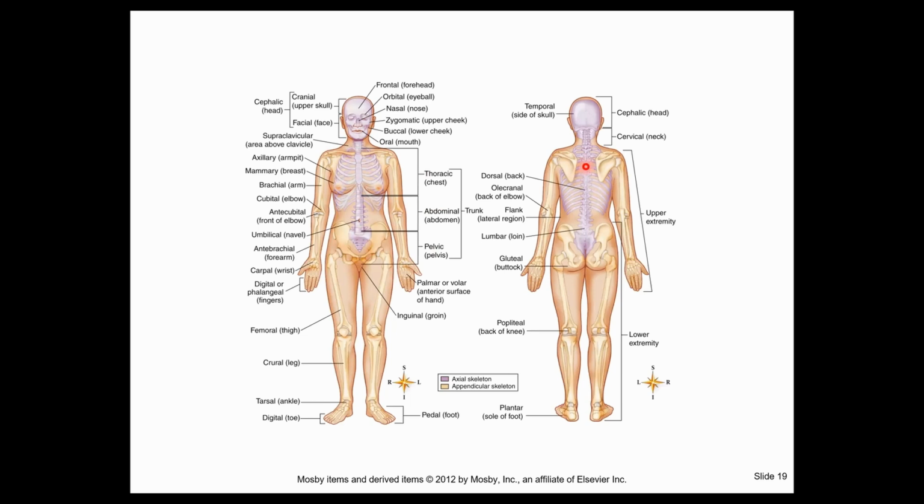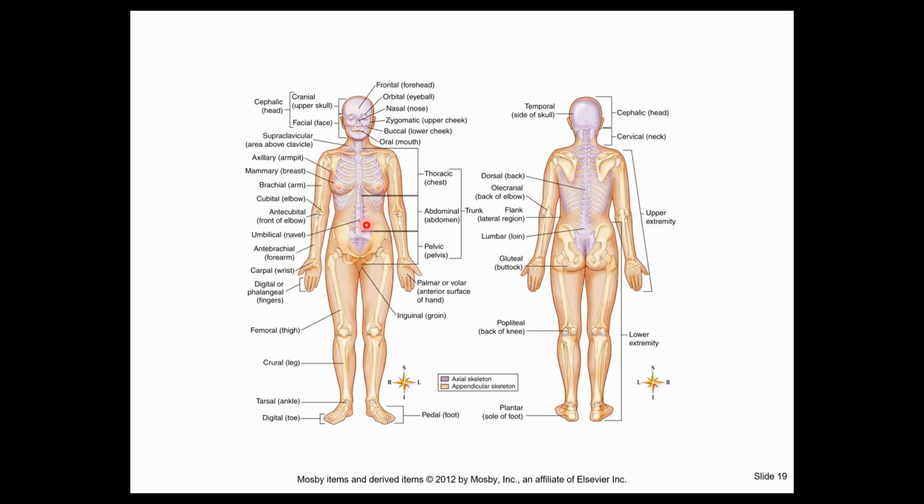I have a question. Why the difference between the axial skeleton and appendicular skeleton? I see the colors, but what makes it different to be axial versus appendicular? All right. The axial skeleton I'm showing here in a light violet color is the one that serves as the core, the one which holds everything else.